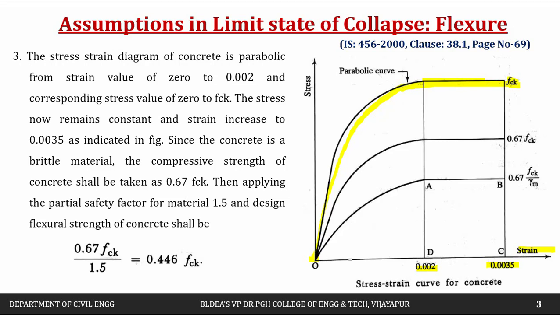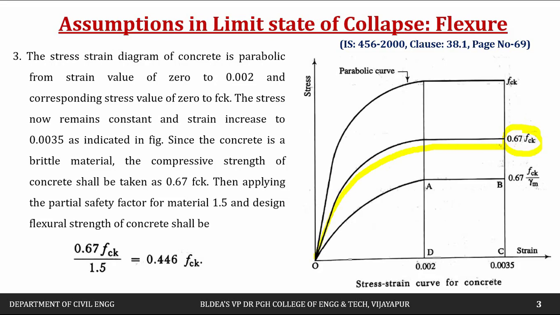To get the design strength, this is reduced by 33% because it is tested in the lab, with shape factor and all. So fck becomes 0.67 fck. This will be 0.67 fck of the curve.